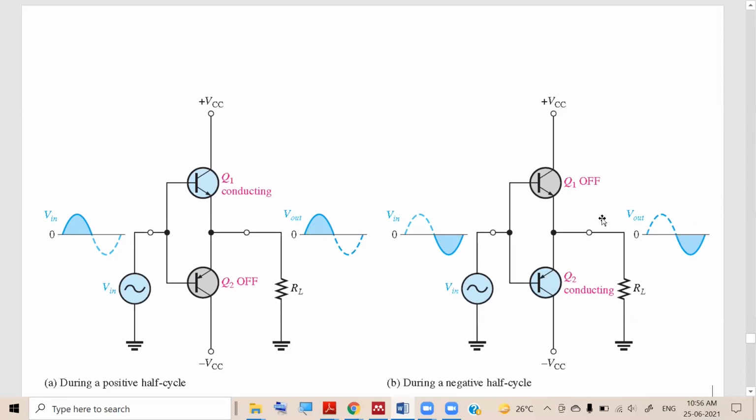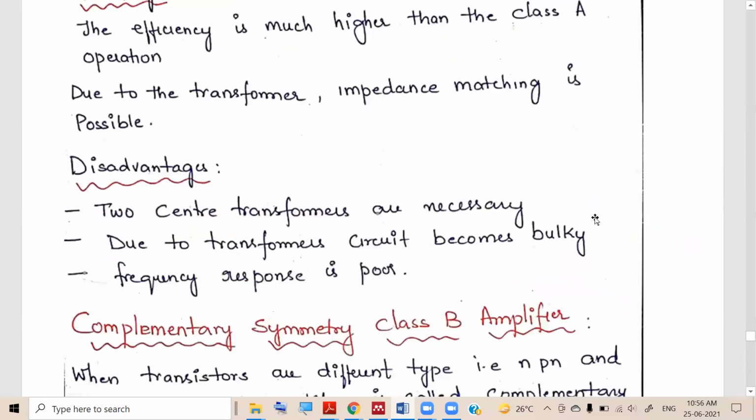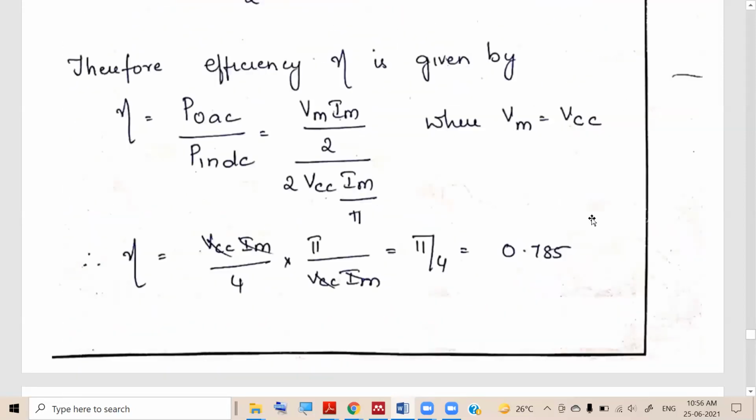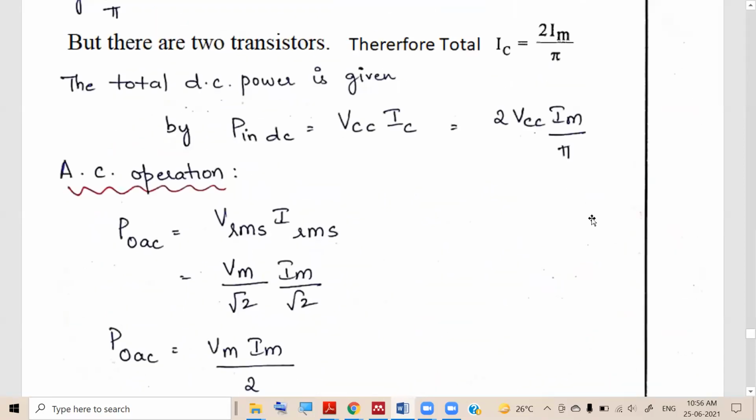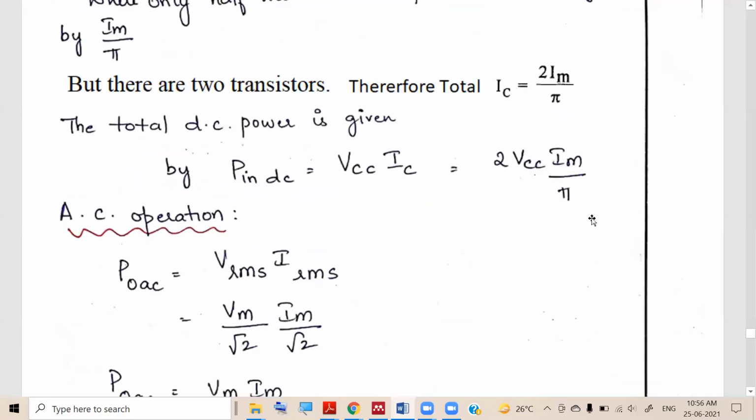We know very well, as discussed many times in the previous class, the RMS value of a full sinusoidal signal is Vm by root 2, and current is Im by root 2. So output AC power will be Vm into Im by 2.